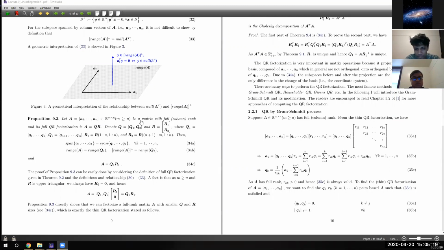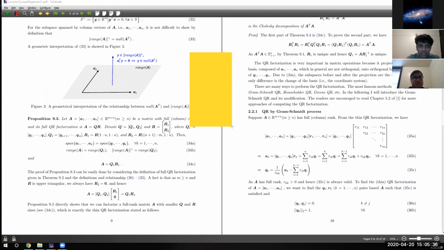Because we assume m is greater than or equal to n, let me annotate here. Your matrix will be something like this. Your matrix Q should be something like this, and your R is going to be n by n. This is a full QR decomposition.